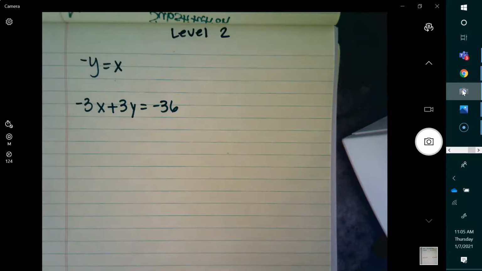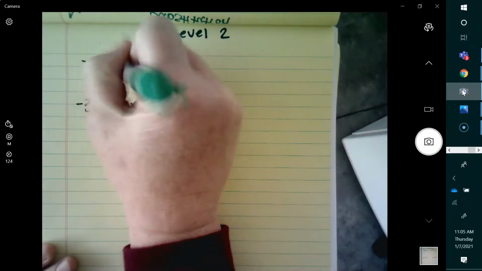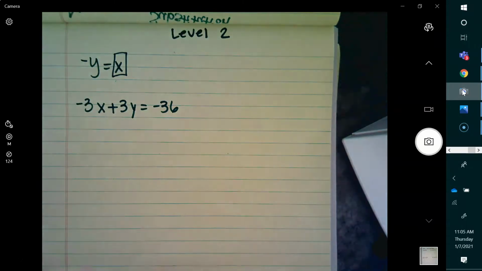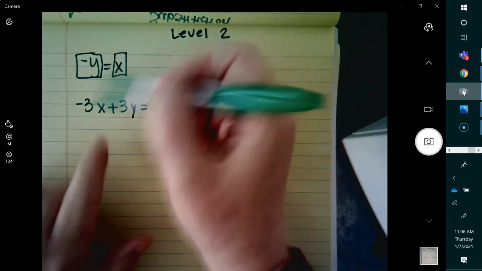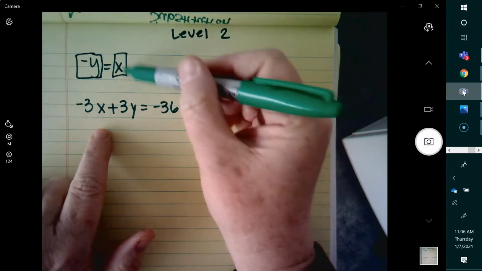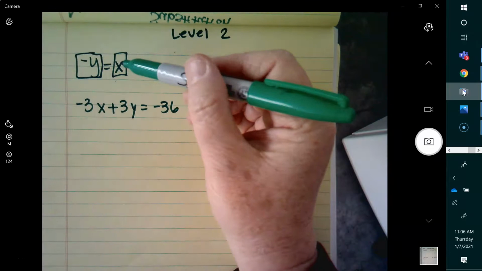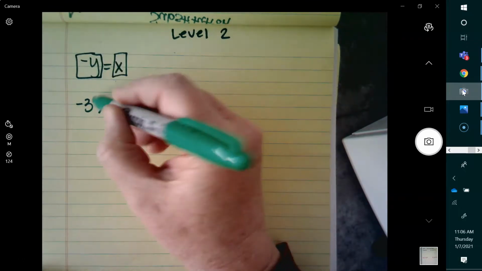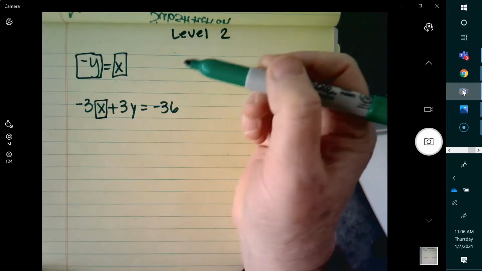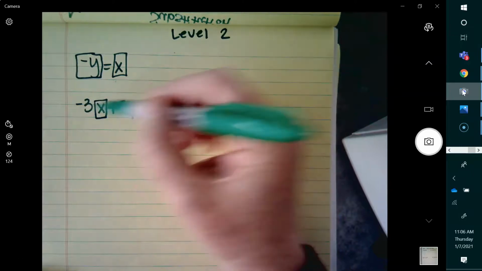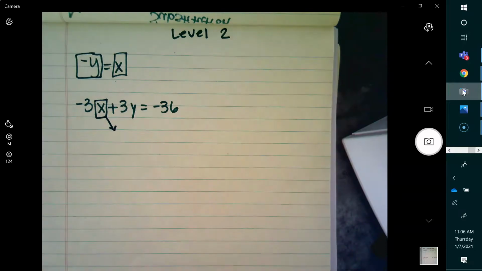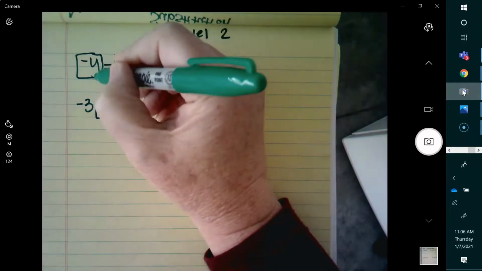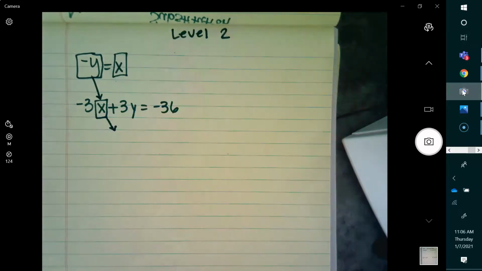Y kind of is too, but it's negative and I don't like dealing with it. So I'm going to go with the x. X is isolated. What's x equal to? Negative y. I'm going to go to this problem, and since x is the letter I picked out, I'm going to pick that same letter down here and put a box around it. In the second equation, the thing that you boxed is removed, and the item replaces it from the first.